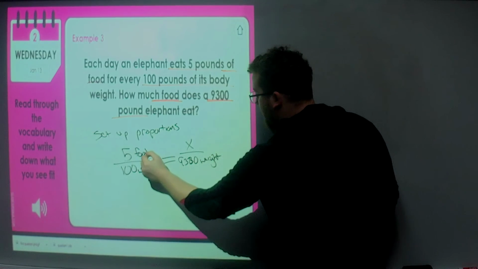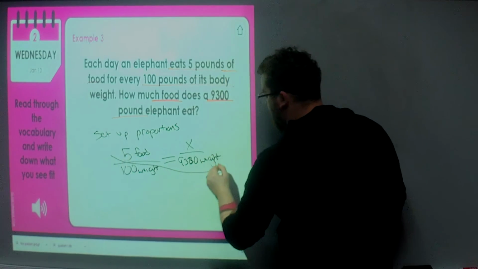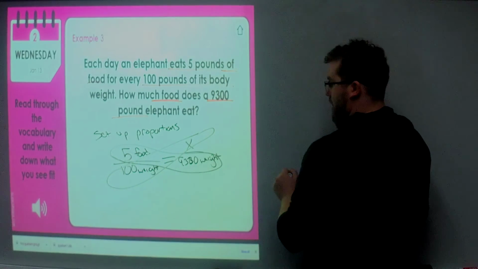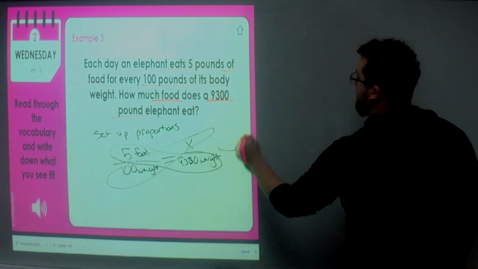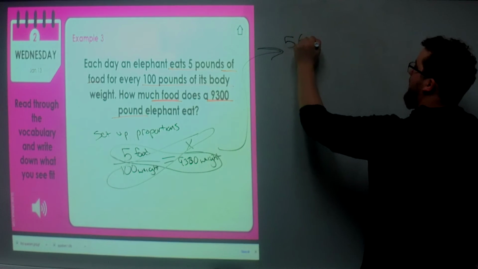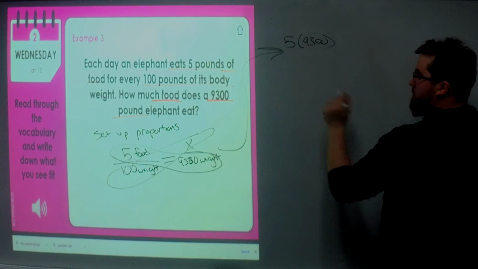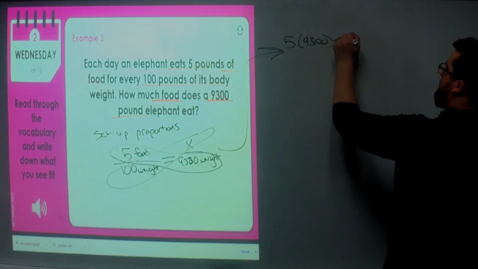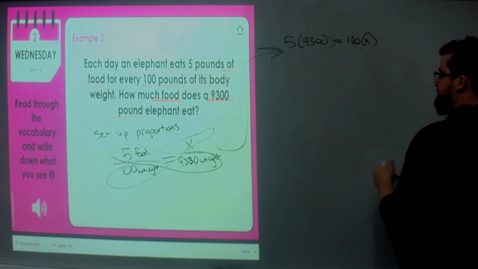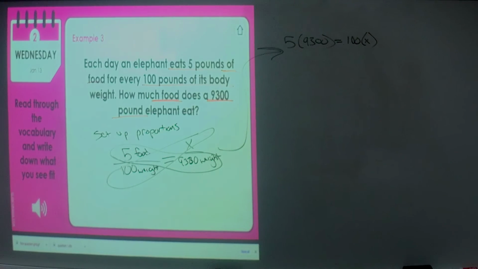And now we cross multiply that butterfly and then divide. 5 times 9,300, and we can just write the numbers now, equals 100 times x. 5 times 9,300, Mr. Minta, that's a big old number. Yes, it is. That's why we have these calculators. I'm fine with you using a calculator.